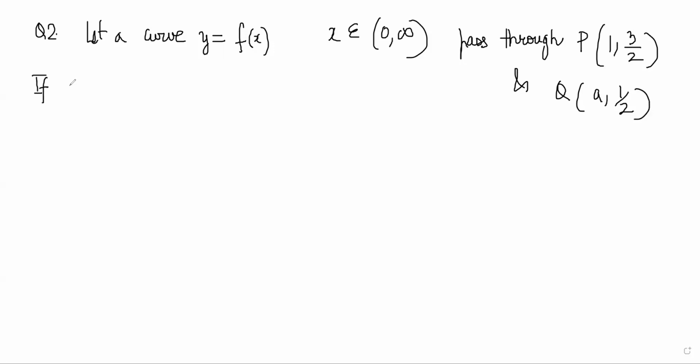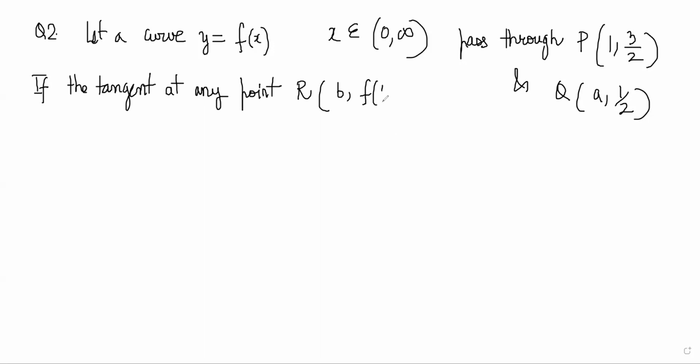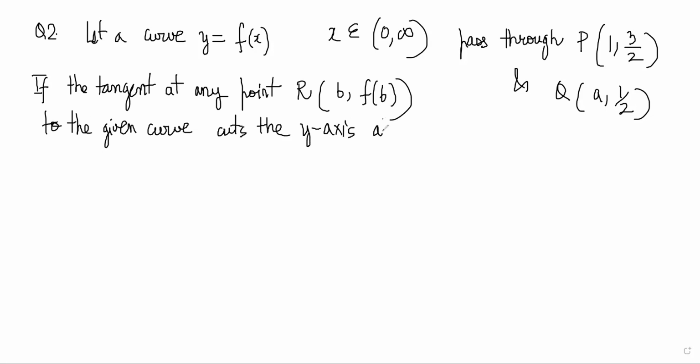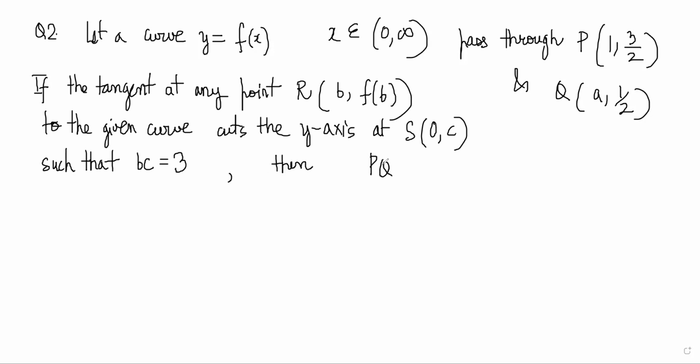If the tangent at any point R, which is given by b comma f of b, to the given curve cuts the y-axis at S, which is 0 comma c, such that b times c is equal to 3, then find PQ square.